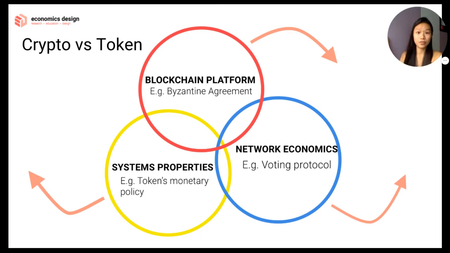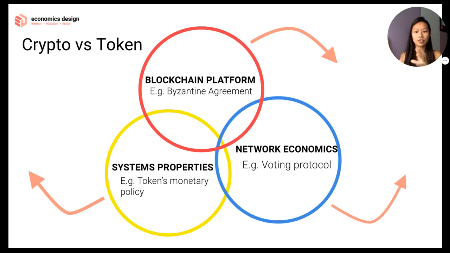These are things that are involved in the blockchain platform. In the network economics, we're looking more specifically at how the network functions. So how do you get network effects? How do you look at voting protocols, or maybe even consensus within the ecosystem itself?